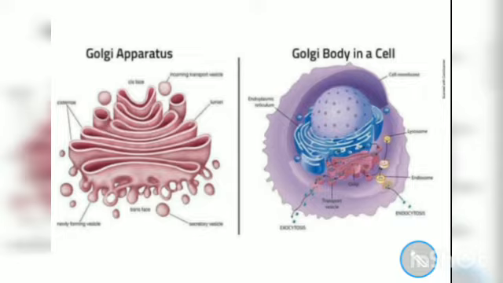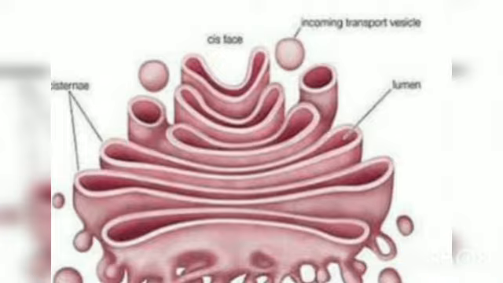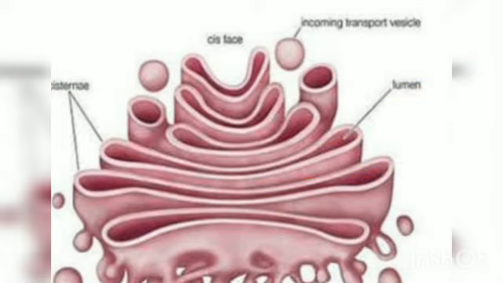Generally it remains nearer to the endoplasmic reticulum, and it has one face which is concave and aligns towards the endoplasmic reticulum, and this face is called the cis face, or incoming face. Here are the incoming transport vesicles which enter through the cis face, that means the collecting face. These tubular structures are called cisternae, and the internal zone is called the lumen of the cisternae.